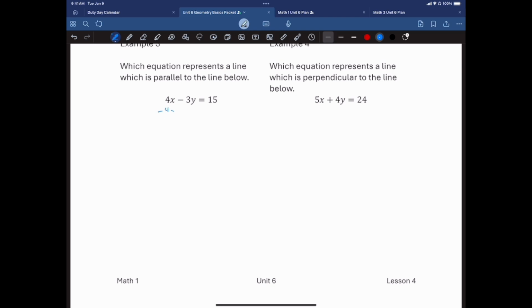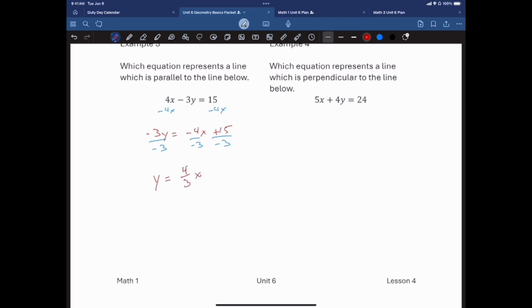So if I subtract 4x from both sides, we're going to be left with -3y equals -4x plus 15. Divide by -3. So -3 divided by -3 is just going to be y. -4 divided by -3, the negatives are going to go away, but it's still 4 over 3.